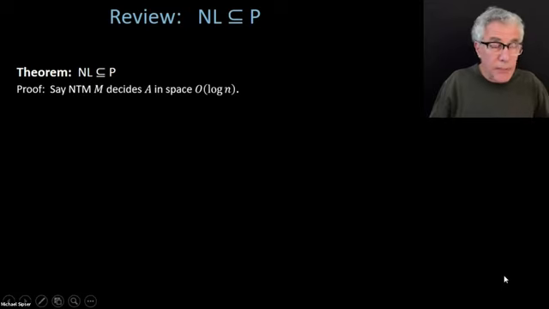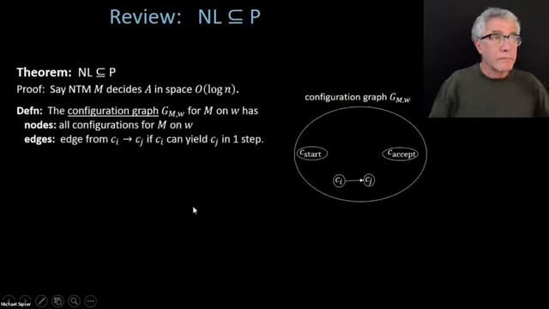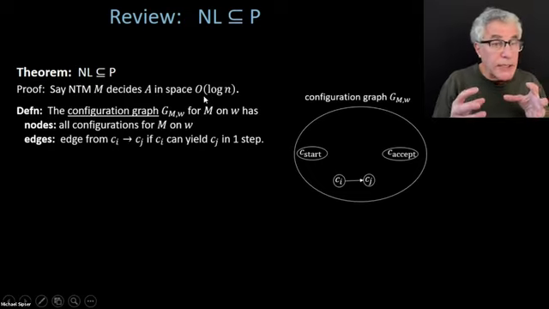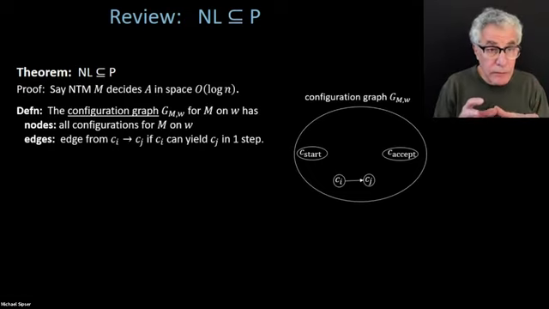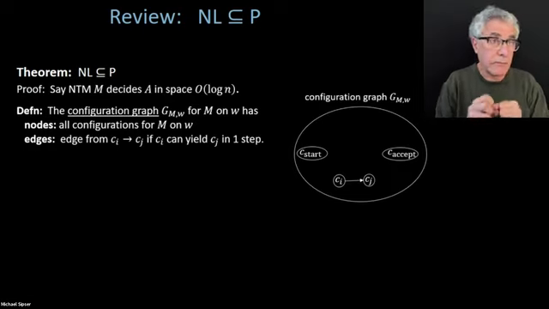We kind of did this last time, but a little quickly. So now if we have some non-deterministic log space machine M, which decides language A in log space, we're going to show how to simulate that machine with a deterministic polynomial time machine.